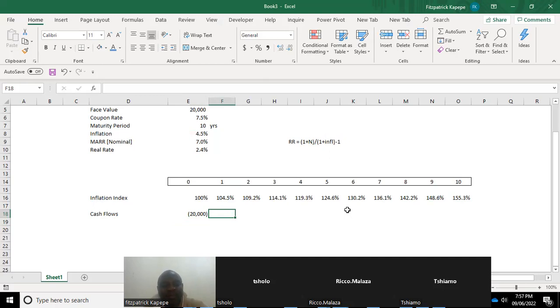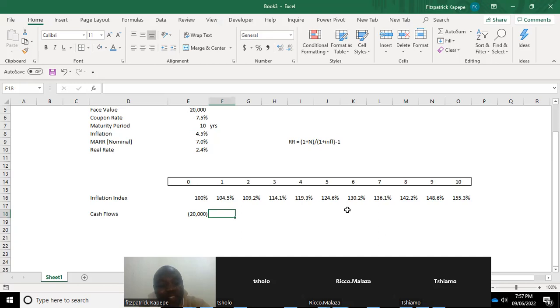Then President Ramaphosa promised you that if you give us 20,000 rands to maintain the roads in Alexandra, we promise that we'll be giving you interest of 7.5% on your investment every year.